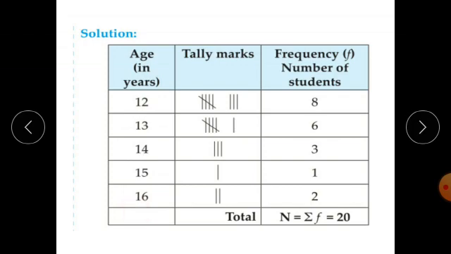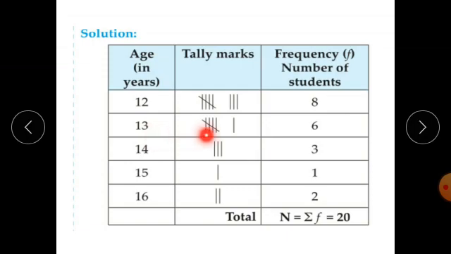Then in the tally mark column, we put a vertical line, known as a tally mark, against the number.